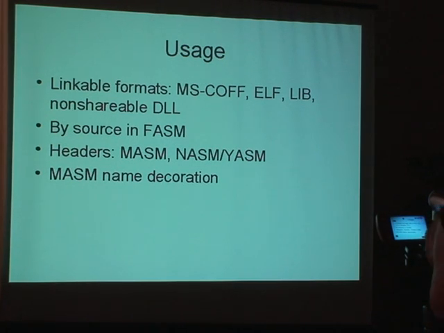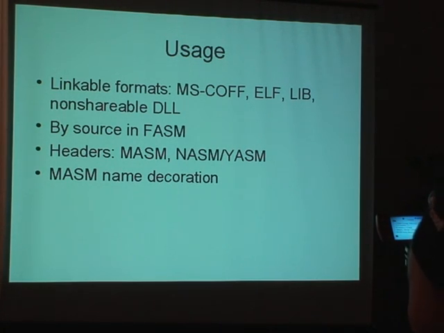Then FASM users can include FASMLIB by including its sources directly, so they don't have to go over the object form and link. Most FASM projects are done this way, where the project is compiled directly into an executable.